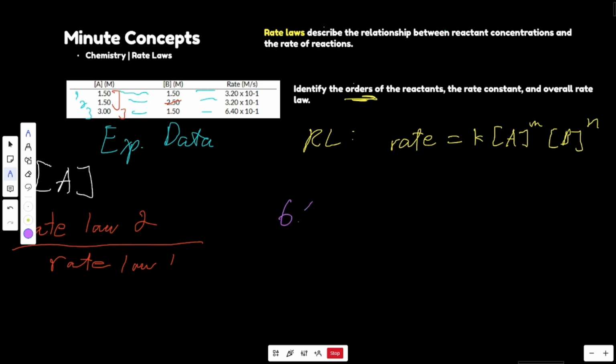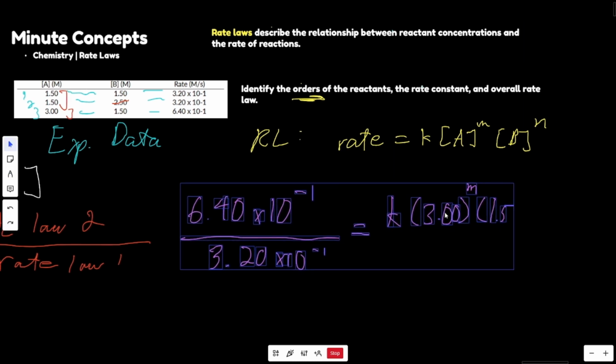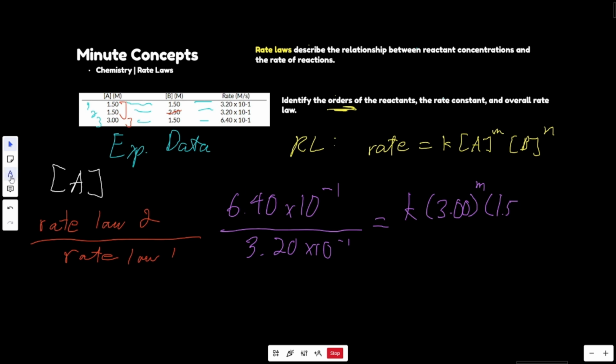So the rate of trial 3 is 6.40 times 10 to the power of negative 1 over 3.20 times 10 to the power of negative 1 is equal to K times 3.00, no brackets rather, sorry, 3.00 to the power of M times 1.50 to the power of N. This is based on trial 3.